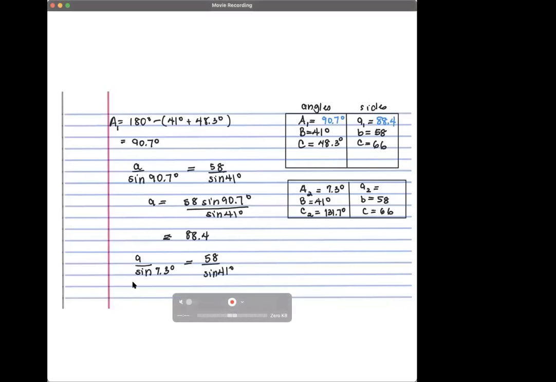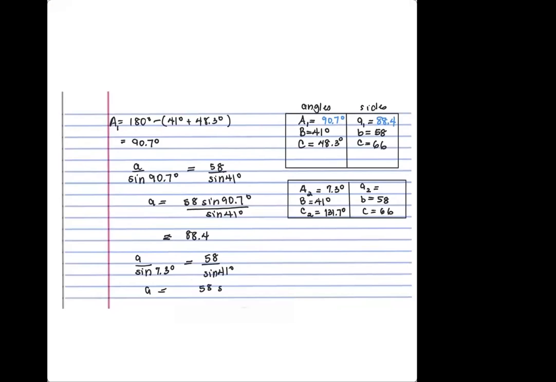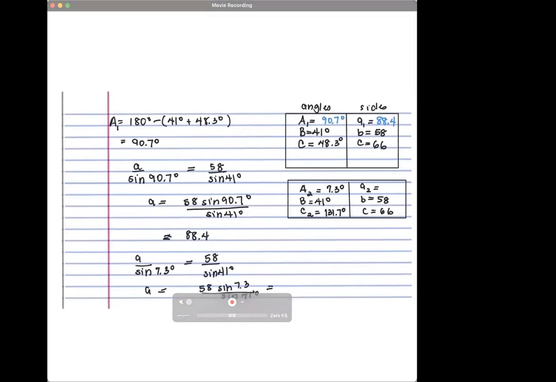Multiplying both sides by sine of 7.3, we have A is equal to 58 times the sine of 7.3 all over the sine of 41 degrees. So we'll go back out to the Alex calculator.